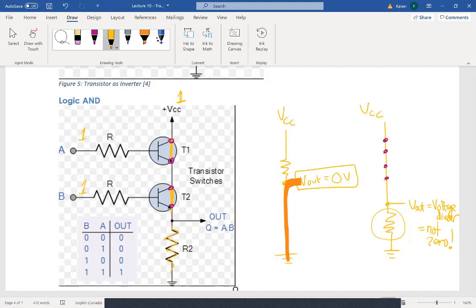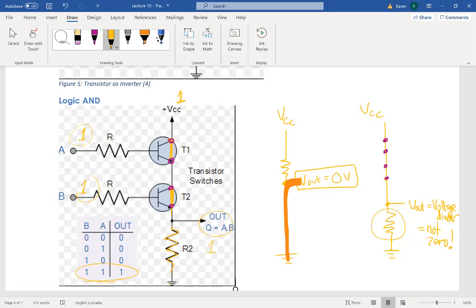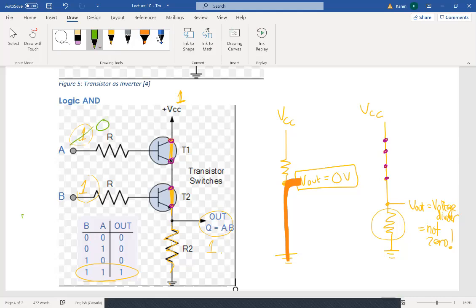All right. So when you put that 1 and that 1 in, what you measure here is going to be not 0. It is a 1. All right. So that's this one here. As soon as you throw a 0, then what's going to happen is this is going to open.